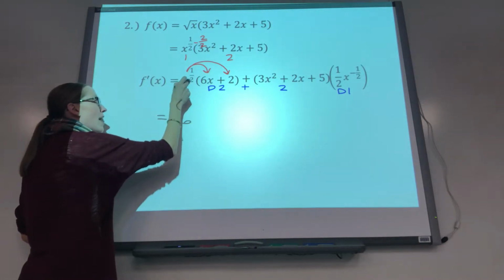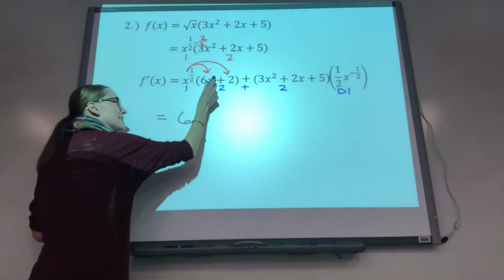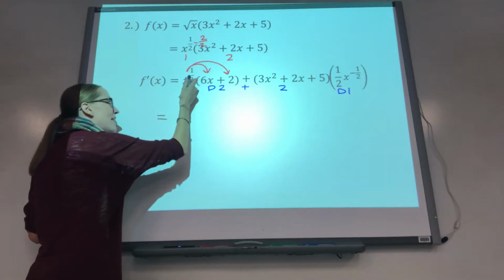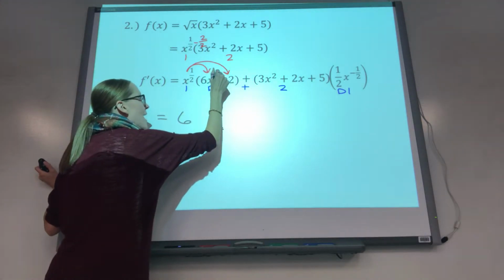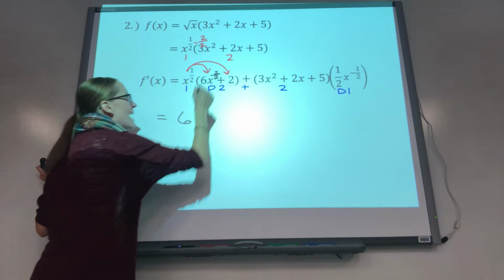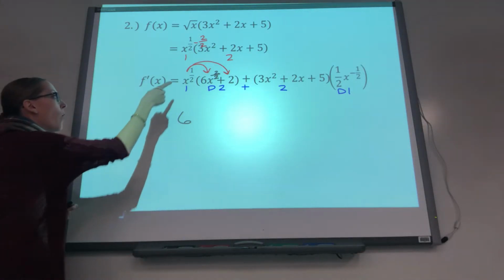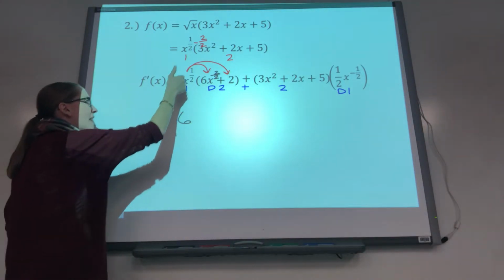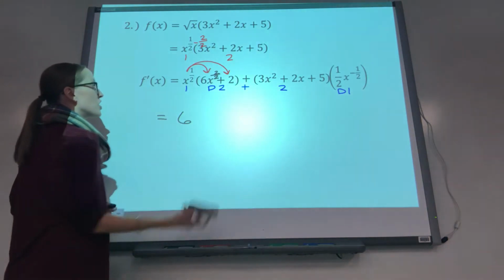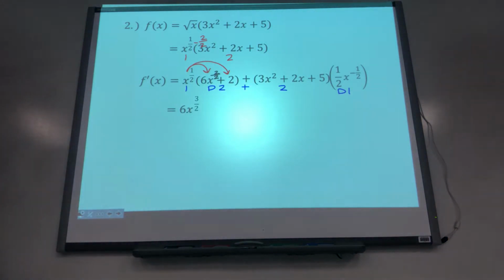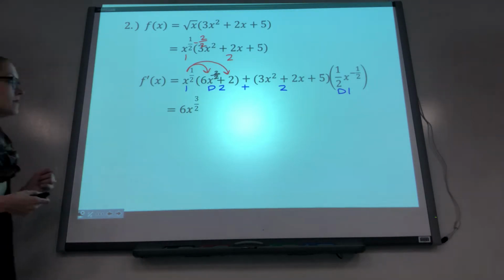Now this is a 1/2. This is a 1, but if I'm going to add the 1 and the 1/2, I may want to think of the 1 as a 2/2 so that they have common denominators. So x to the 1/2 times x to the 2/2, that will be x to the 3/2. And don't forget the 6 out front.